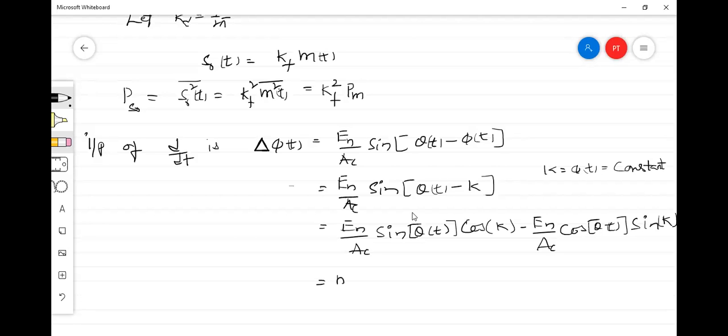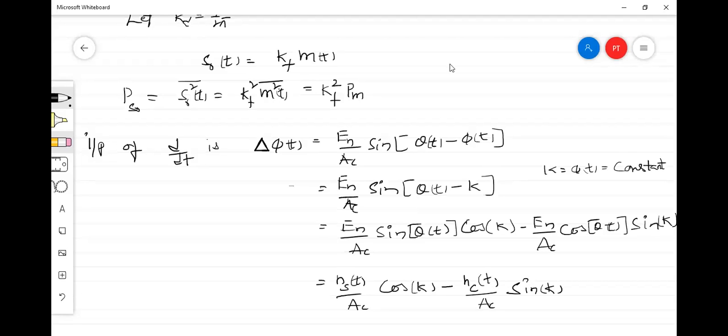I can write this quadrature component as Ns of t by AC cos of k, and minus En cos theta of t, this is the in-phase component of noise, Nc of t divided by AC, into sine of k.